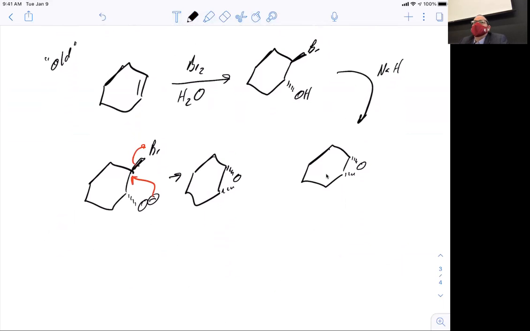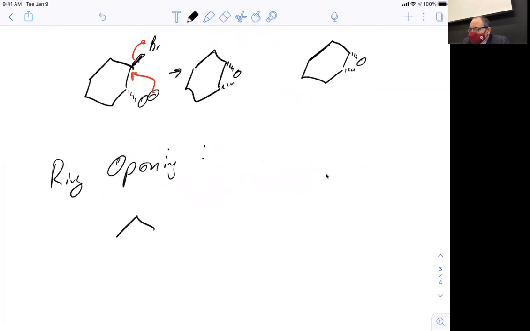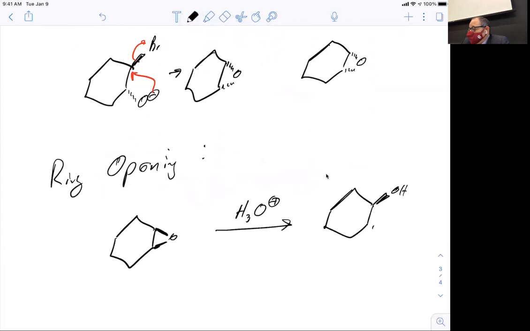Okay, questions about these? So we have seen ring opening before. We're going to get into some specifics, but remember that we did the dihydroxylation. Right, the anti-dihydroxylation. This is an old reaction. So we have seen that ring opening before.